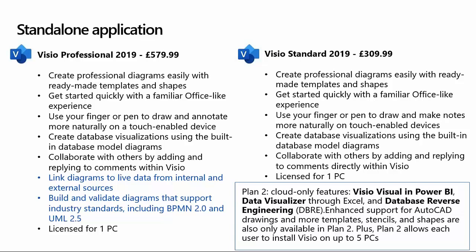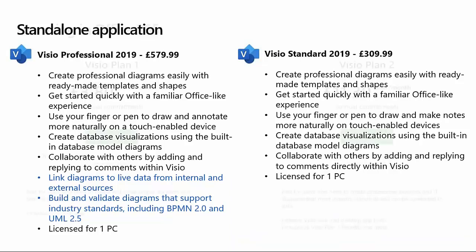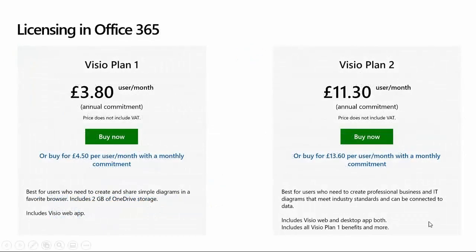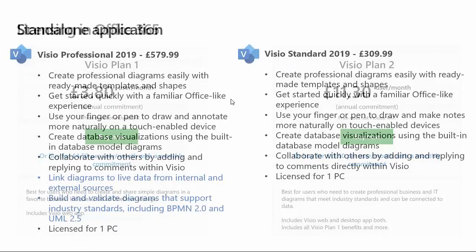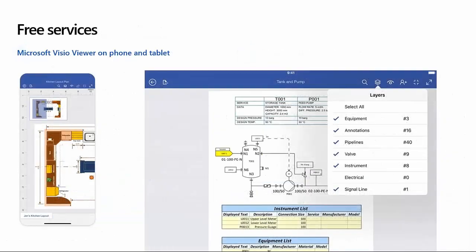Plus, Plan 2 allows installation on up to 5 devices, whereas the Standard and Professional Visio applications can only be licensed for a single PC. So again, probably the best package for you if you're looking for the complete Visio experience is Plan 2. Plan 2 is what we've allocated to you during the training session as well, in case you are interested in fully exploring the capabilities of Visio.